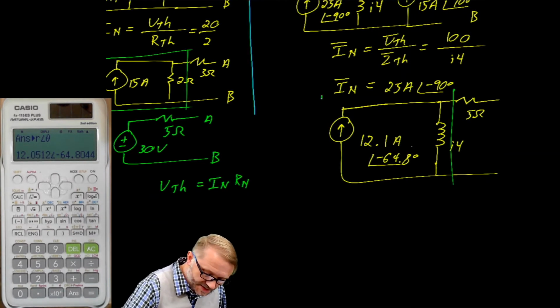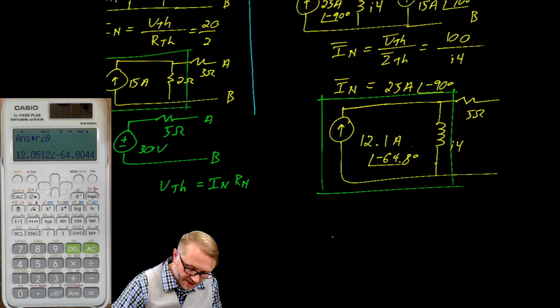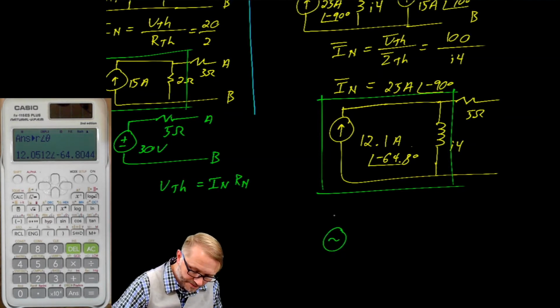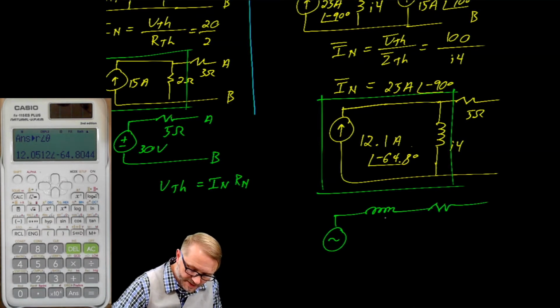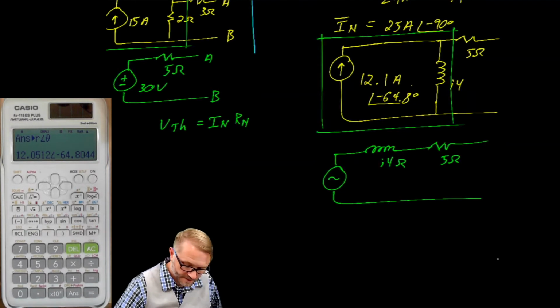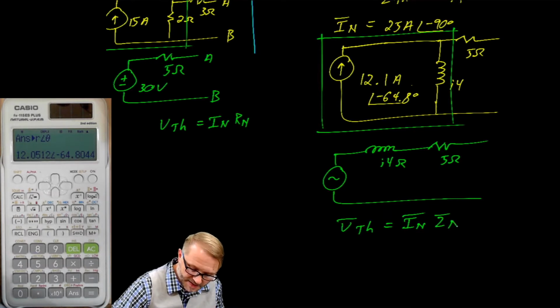This Norton piece can be transformed into Thevenin, which would give us a voltage with that inductor and resistor in series. This is J4, and that's 5 ohms. A Thevenin voltage is a Norton current times a Norton impedance.